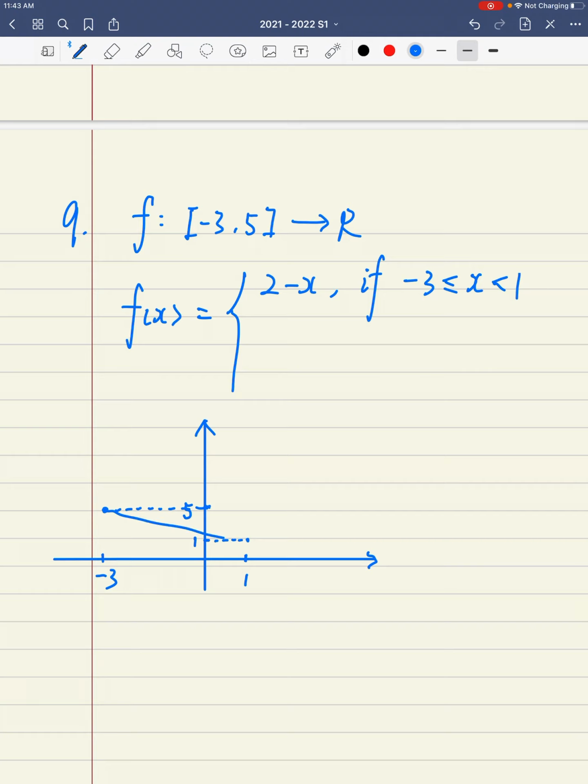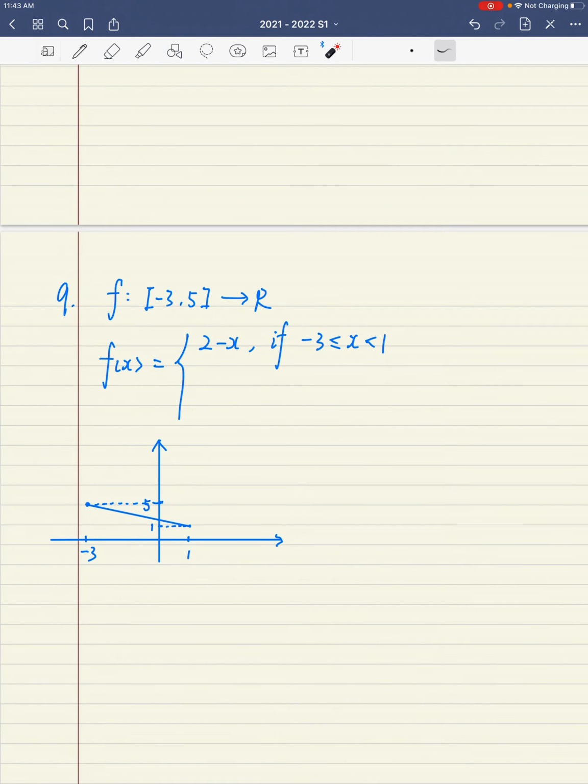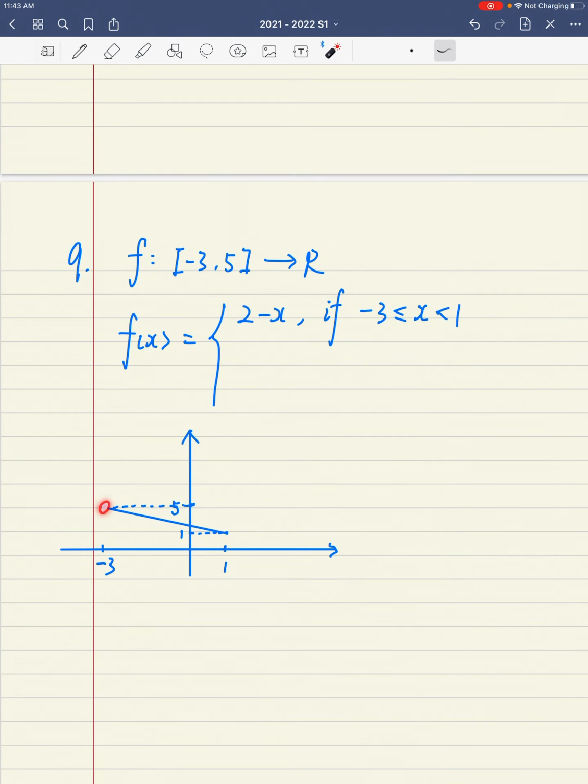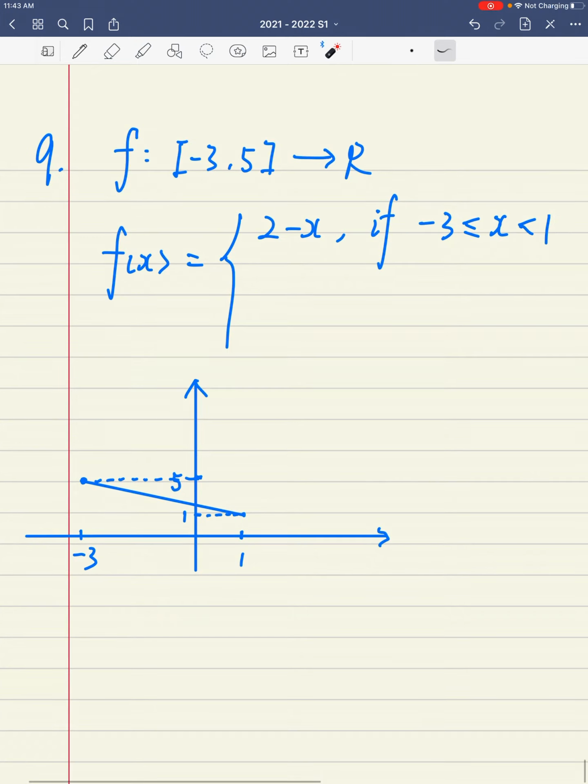So this part is this. Left-hand side is included, so here we use a dot. That means when x is -3, that point is included in this line. But the right-hand side is strictly smaller than 1, which means the right-hand side is not included.